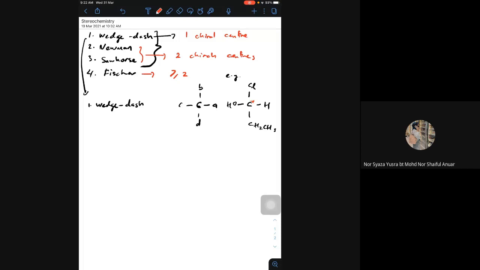So this carbon is bonded to 4 different atoms. Atoms as in just hydrogen or chlorine, or groups of atoms, for example OH or CH2CH3. So it can be a single element, or it can be a group of atoms. Based on this, you have determined that there is a chiral center in the compound.